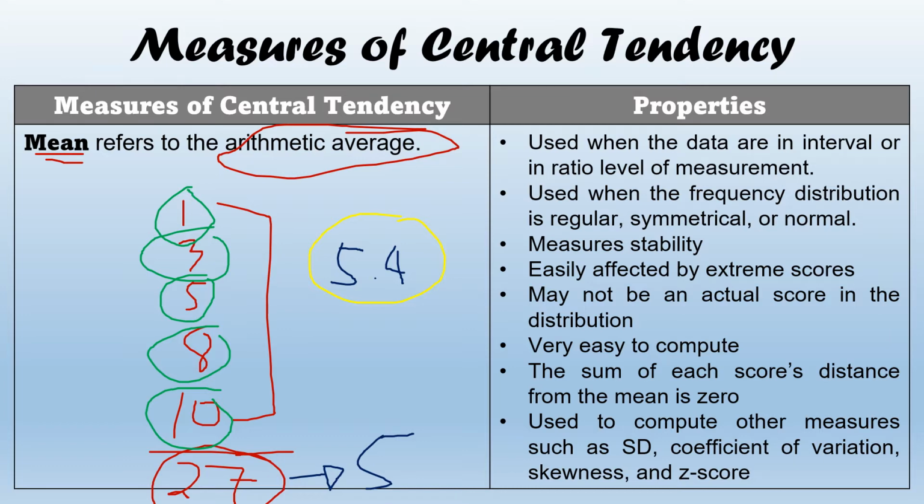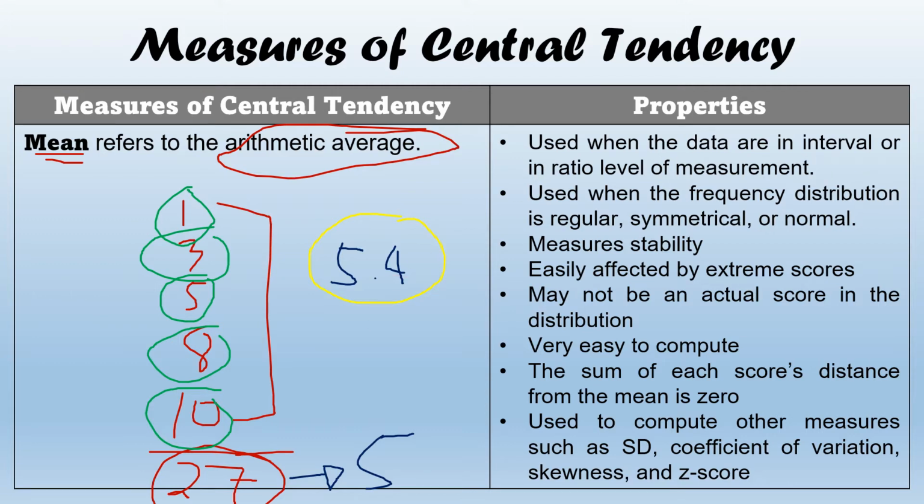So let's try to look at the properties of our mean, because as I have been telling you, na meron talaga tayong nature na we have to consider first the nature of the data before you can actually use a particular measure of central tendency. So the first one, no, used when the data are in interval or in ratio.